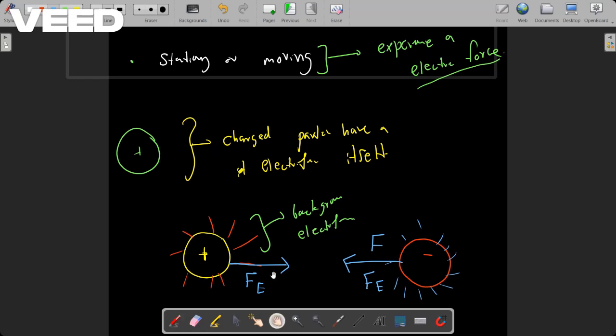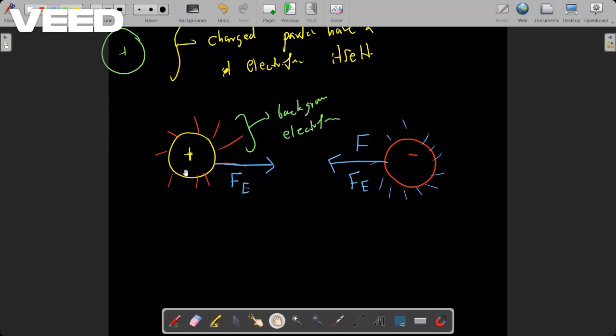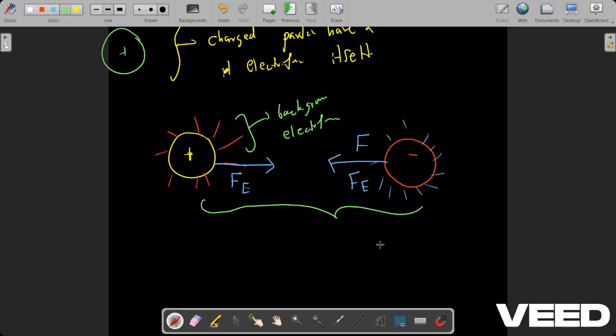Electrical force: let's say there are two oppositely charged particles. They are being kept at a distance of r. Oppositely charged particles.